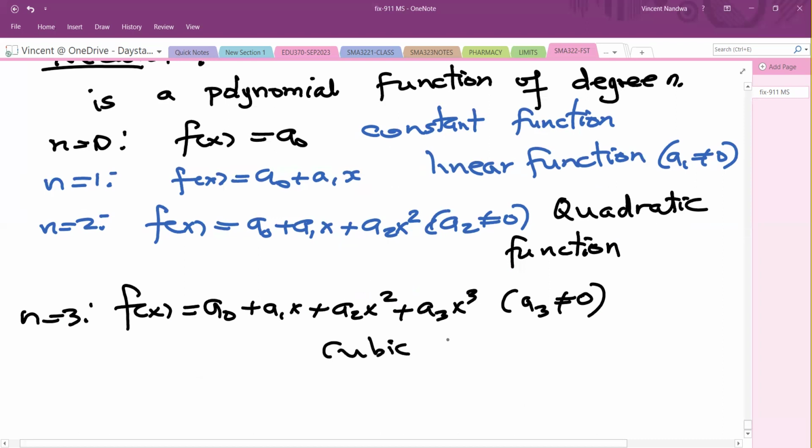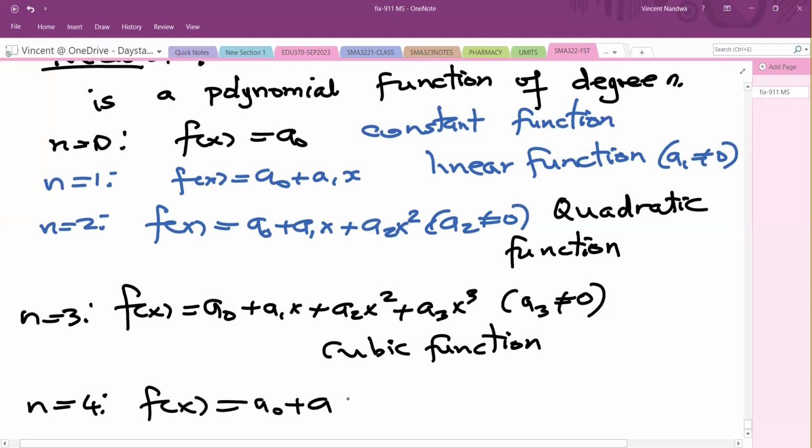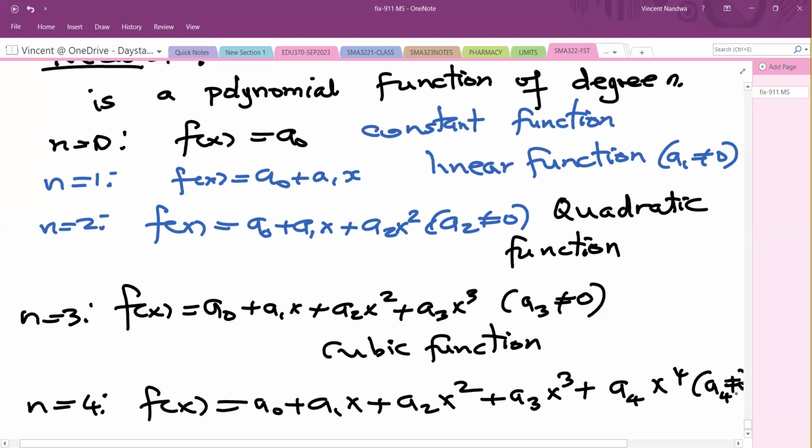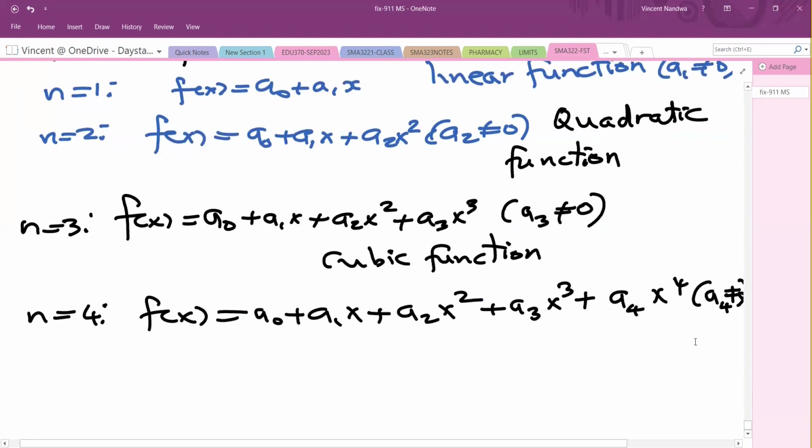When n equals 4, we'll have f of x equals a0 plus a1x plus a2x squared plus a3x power 3 plus a4x power 4. So a4 should be non-zero. And what name do we give to a polynomial of degree 4? Quartic, correct. So this is a quartic function or polynomial, etc.